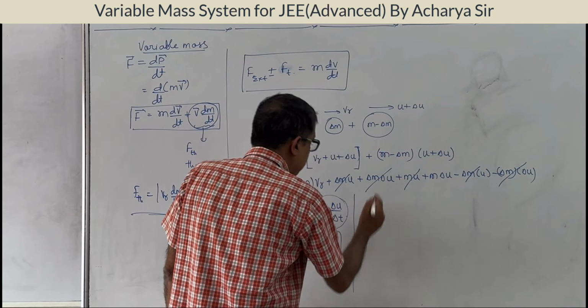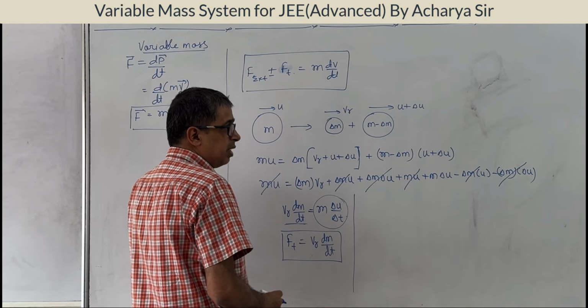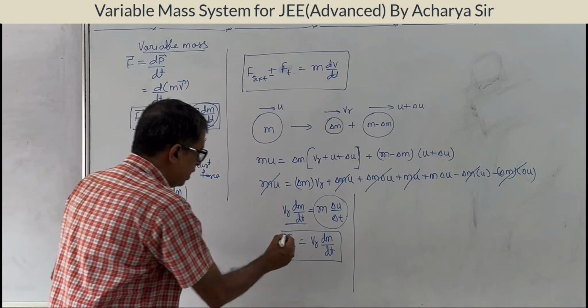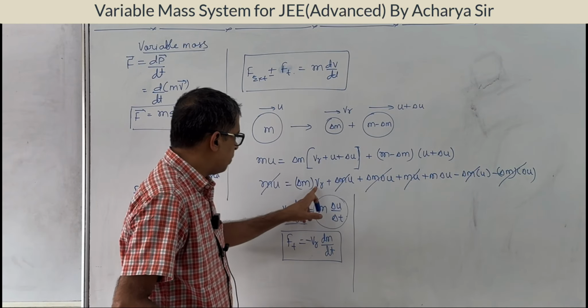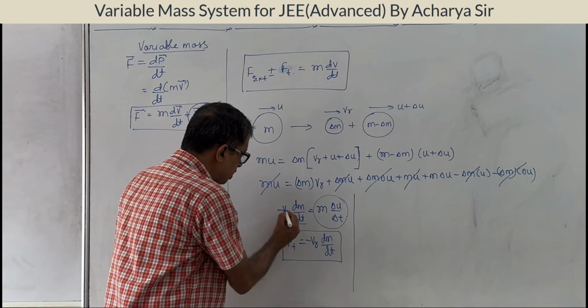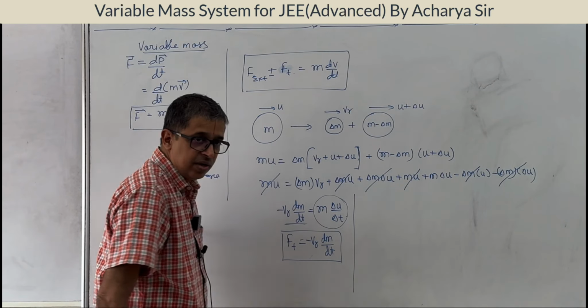Taking one particular condition here, there is a negative sign which I forgot. This plus this is 0, so obviously I will have a negative sign.